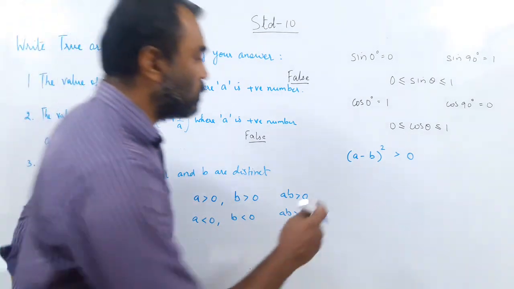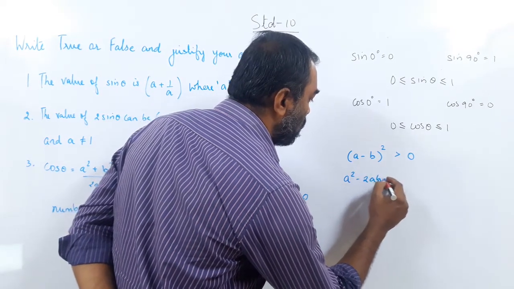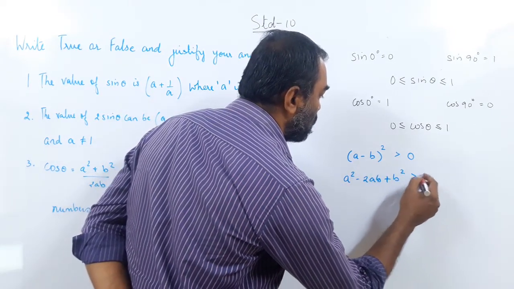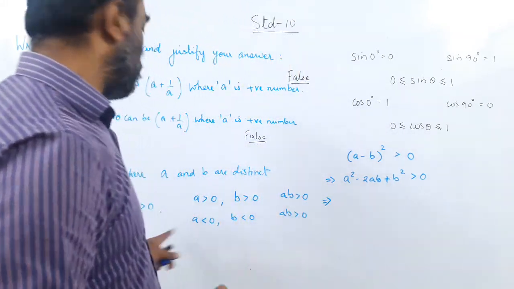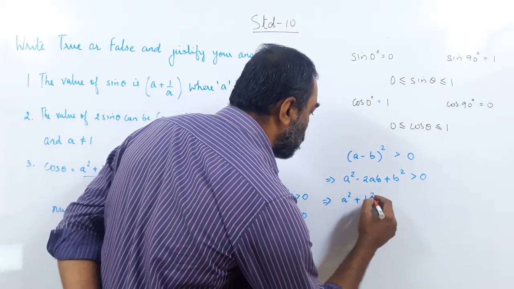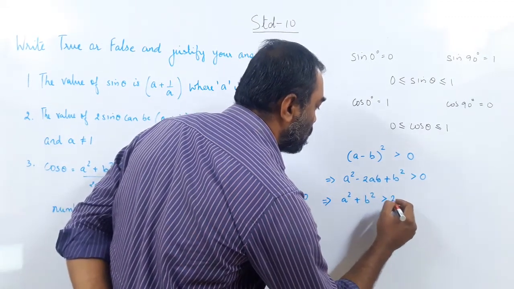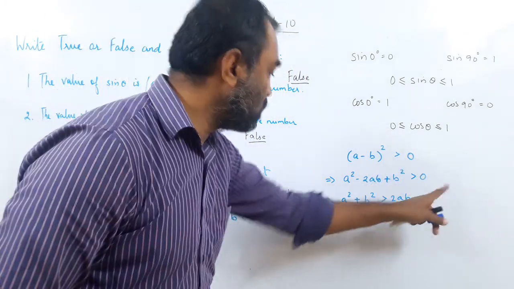Now let us square it. So we get a square minus 2ab plus b square is greater than 0. Clear? According to the condition, this would mean a square plus b square is greater than 2ab, because I took the minus 2ab on this side.